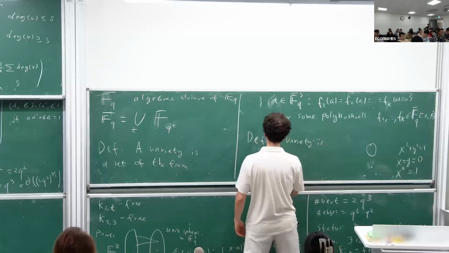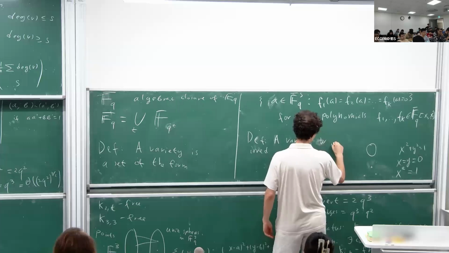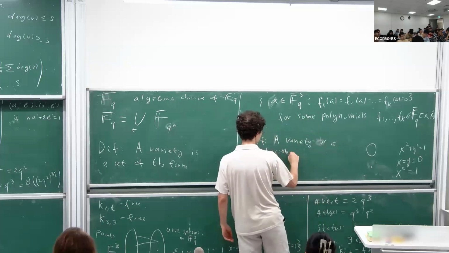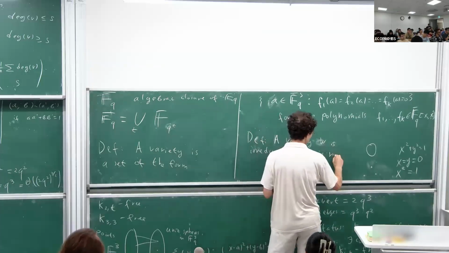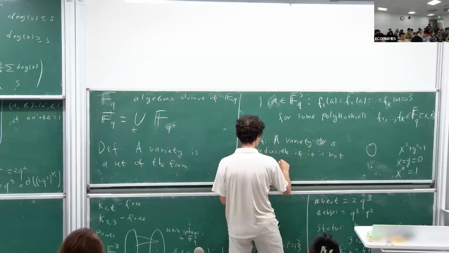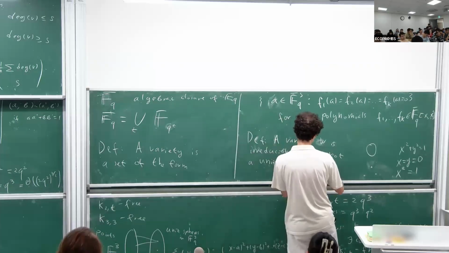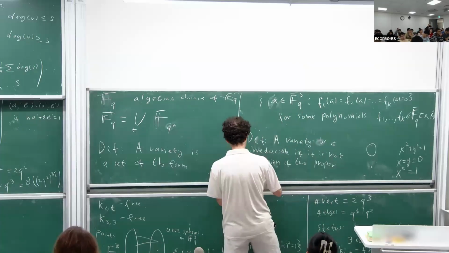A variety W is irreducible if it is not a union of two proper subvarieties.